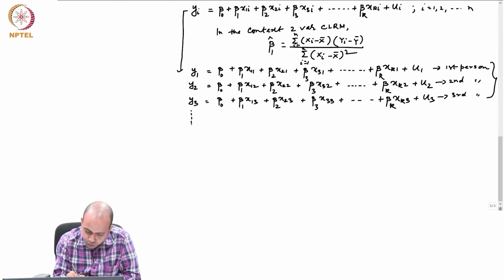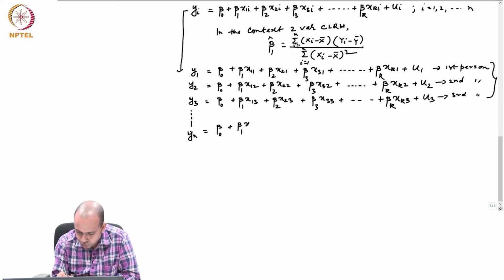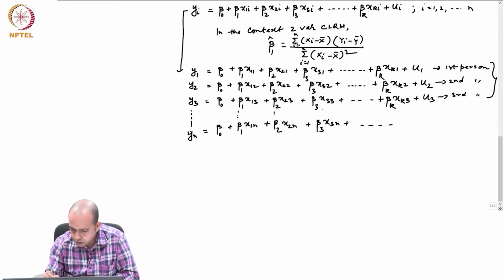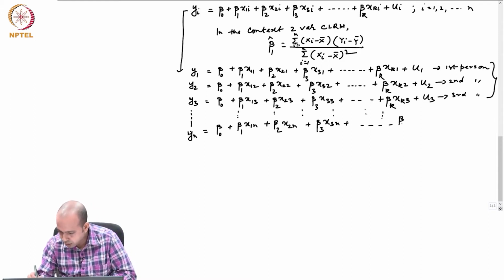Likewise, we will write the equation for the nth person, yn equals beta 0 plus beta 1 x1n plus beta 2 x2n plus beta 3 x3n plus beta k xkn plus un.